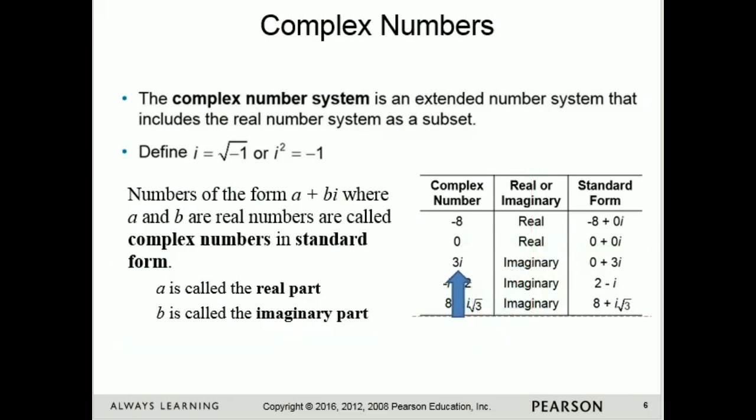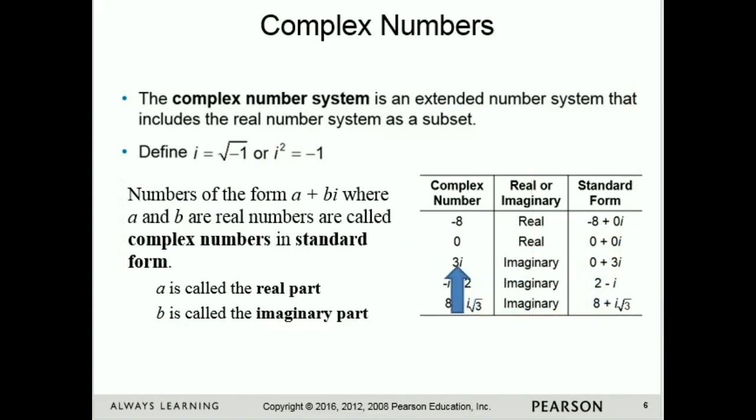And so far we've talked about numbers like this, 3i. It's an imaginary number. But notice here in the standard form, a plus bi, a and b are real numbers. a is the real part, b is called the imaginary part. So going back to -8, here we have a real part and we have an imaginary part.